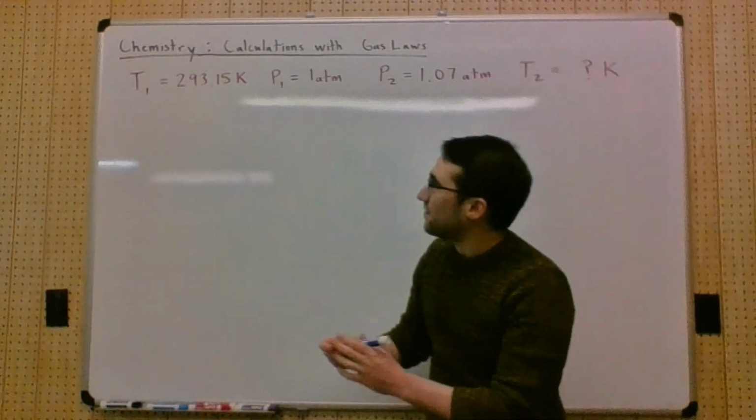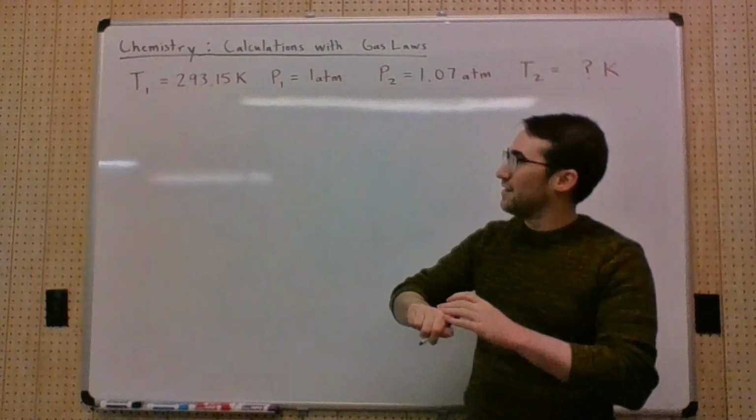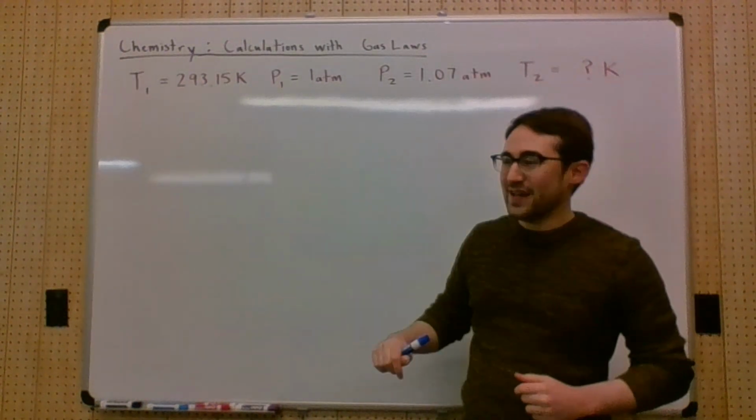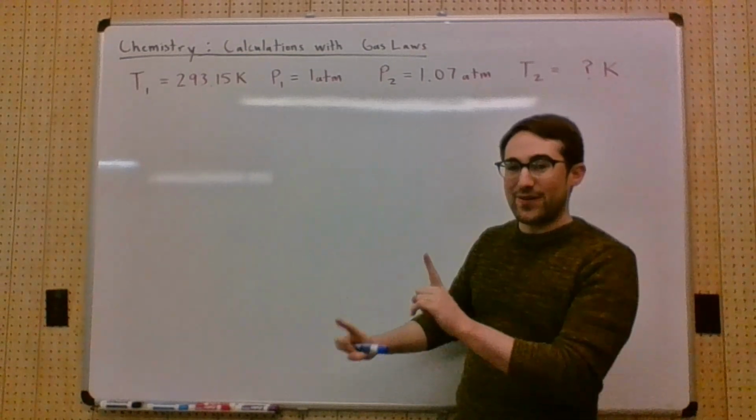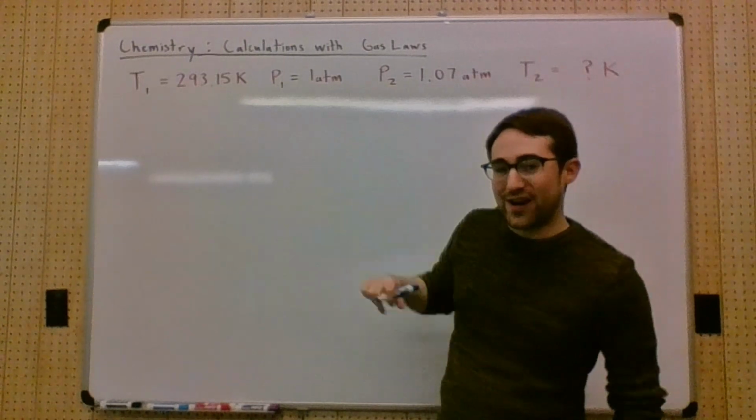Mathematically, since pressure and temperature go the same way, we show that by putting P over T. So if one of them is going up, the other has to go up in order to equal the same kind of setup on the right side.